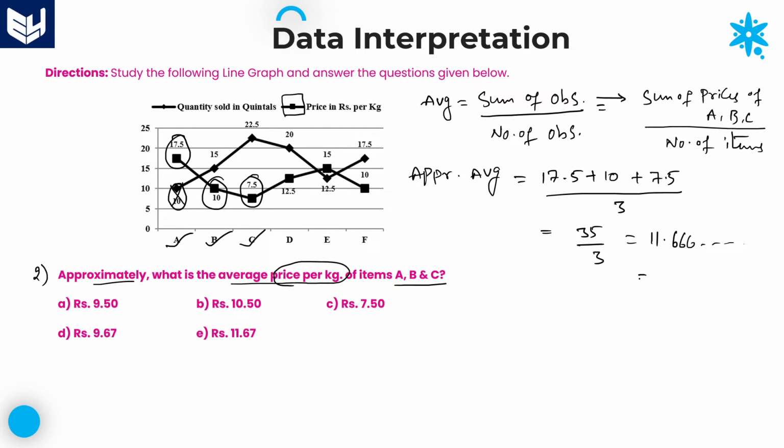This is approximately equal to 11.67, the approximate average. The required approximate average price per kg is 11.67 rupees. That is the required answer for this question. Among the options, 11.67 is there at option E. Option E is the right answer for this question.